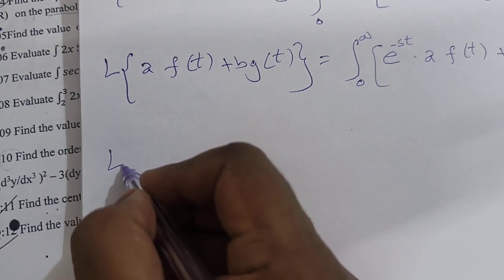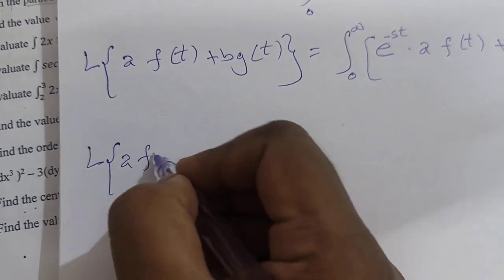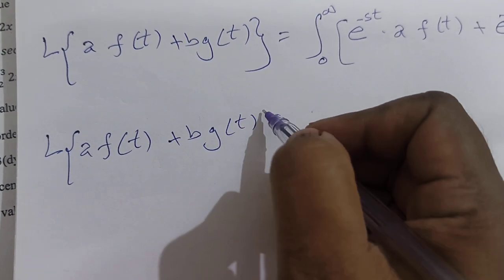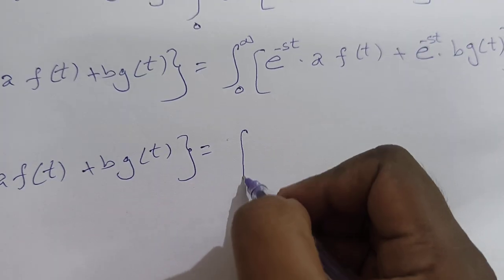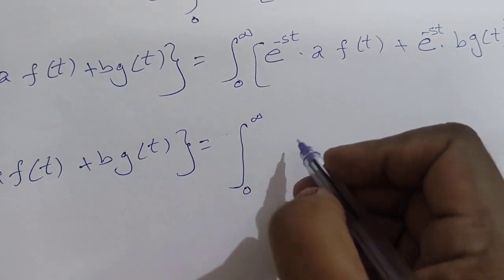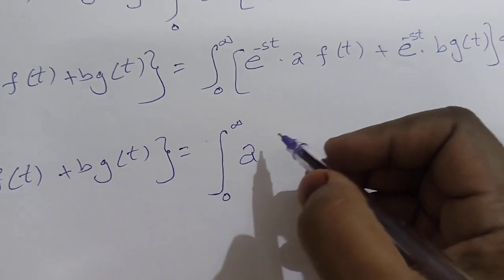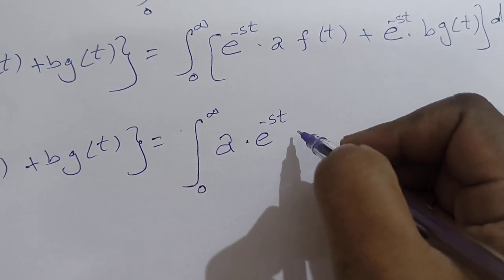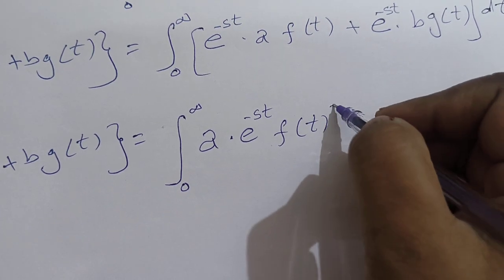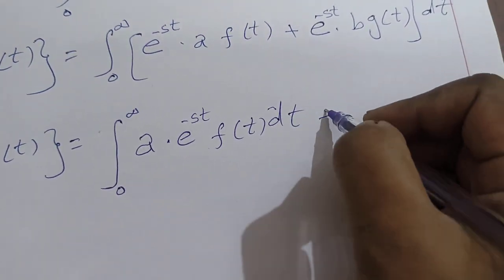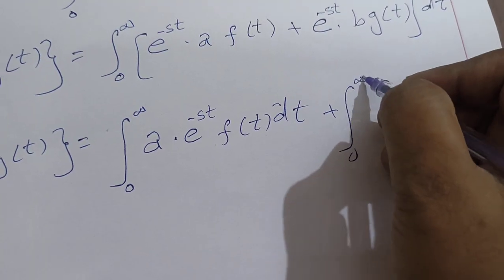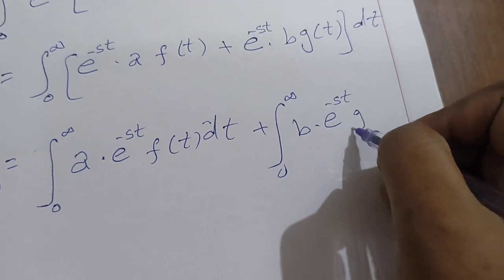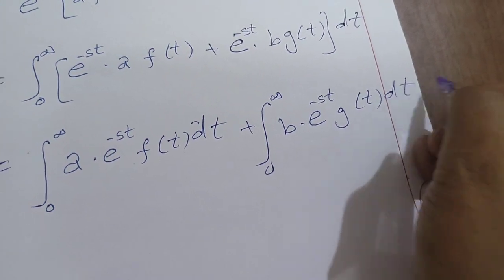Keep left hand side as it is. L of a f of t plus b g of t is equal to integral 0 to infinity, I am writing a first, a into e to the power of minus st into f of t dt plus integral 0 to infinity b into e to the power of minus st g of t dt.